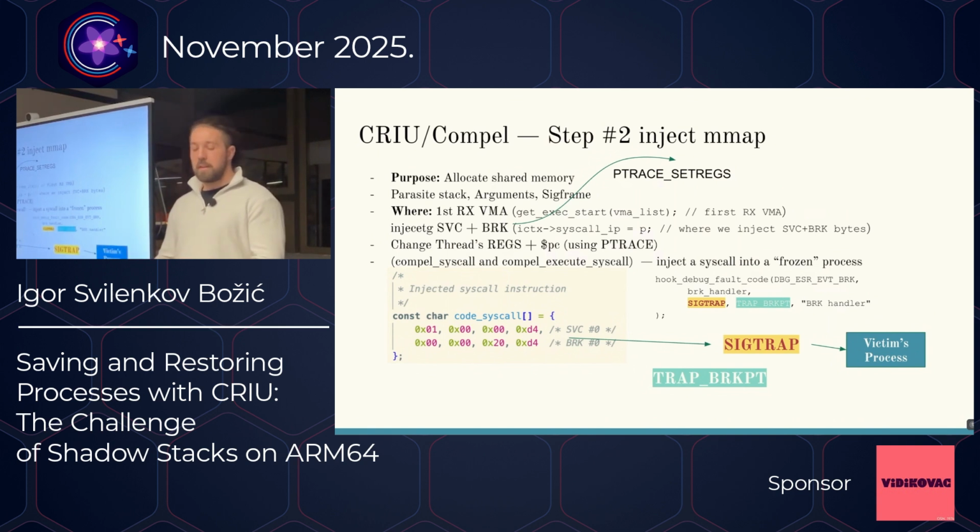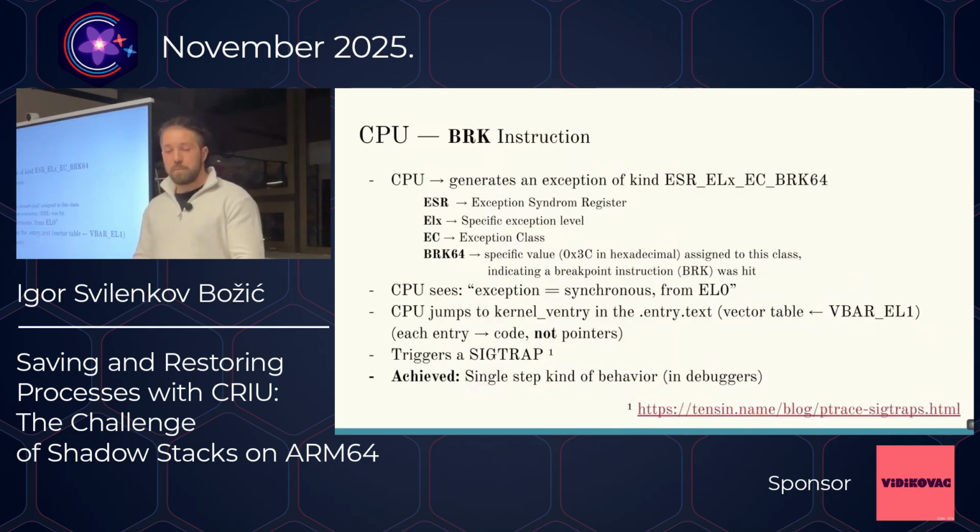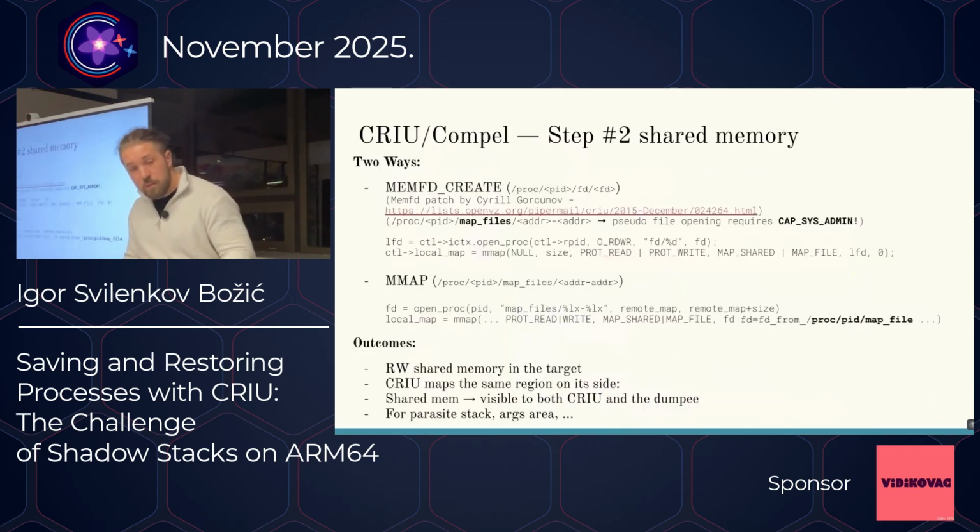So this is essentially as if you did one step in the debugger for just the syscall that you injected. So you just did mmap, stop, get back to CRIU. I could talk about the BRK instruction, but I think I mentioned most of the things that it does.